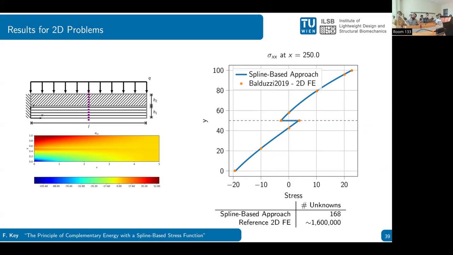We developed an approach where you can formulate the minimum compliance problem together with the minimum complementary energy as one optimization problem. Solving it gives you both the optimal design and the full stress field. And that's the reason why.